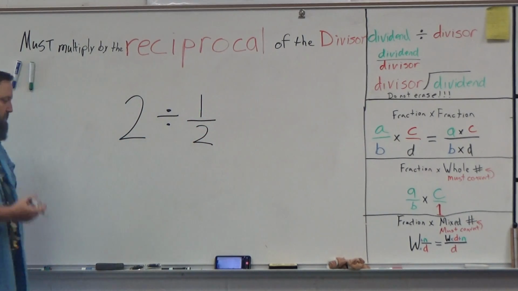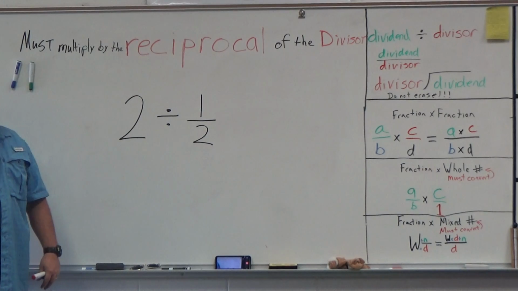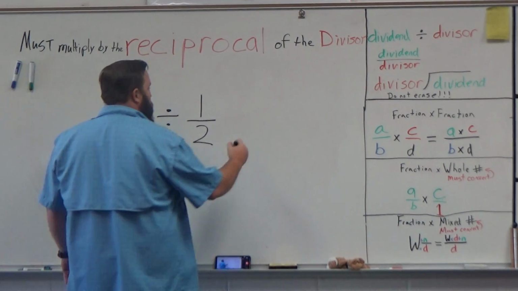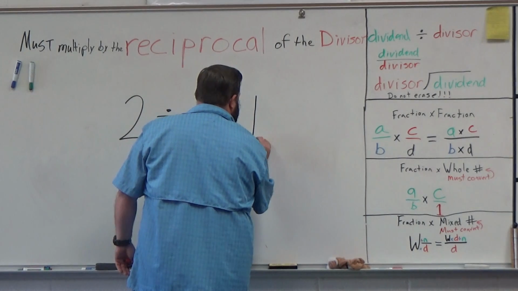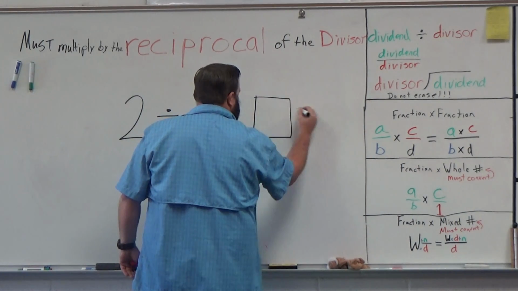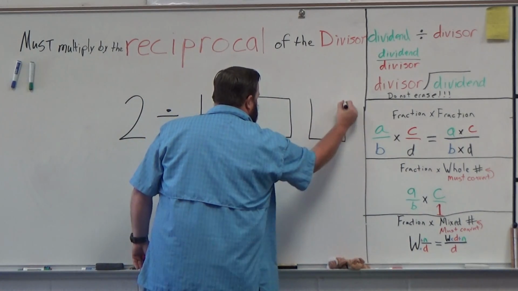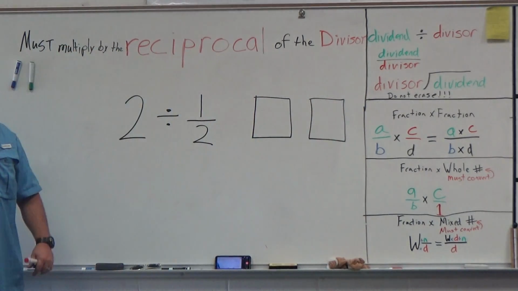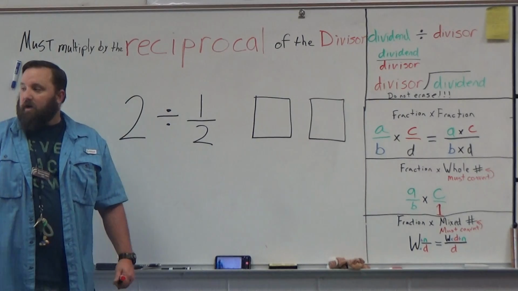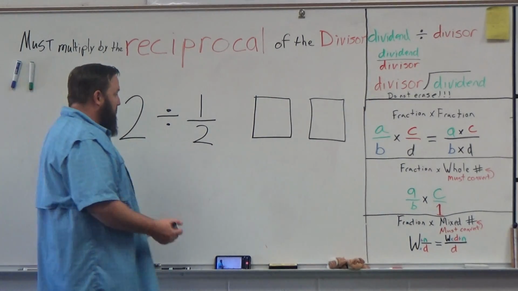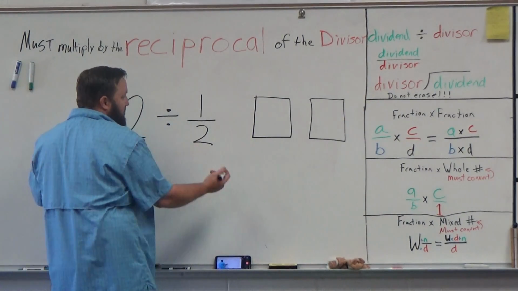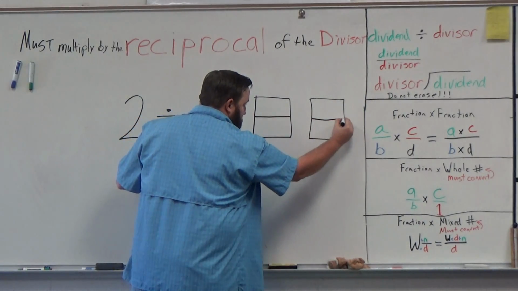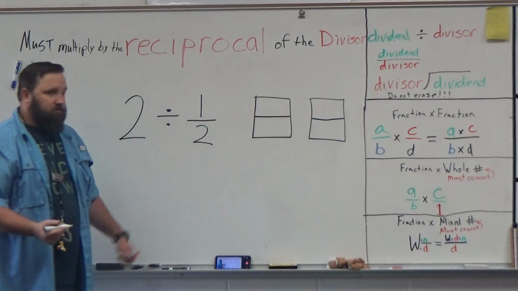Okay? Now, let's think about what we're doing. So if I have 2, right? Let's say I have 2 boxes. Okay, because everybody loves boxes. I've got 2 boxes. Divide is just a fancy way of saying what? Cut, right? So if I cut 2 boxes in half, how many boxes do I have now?